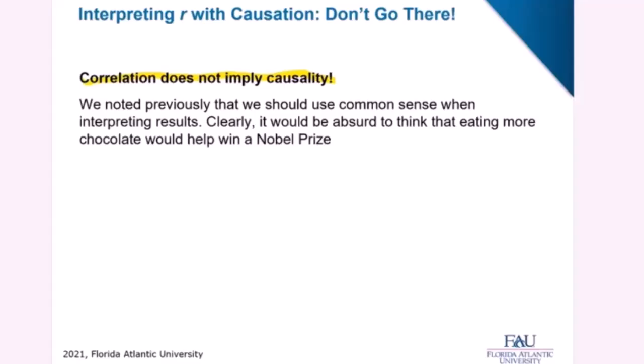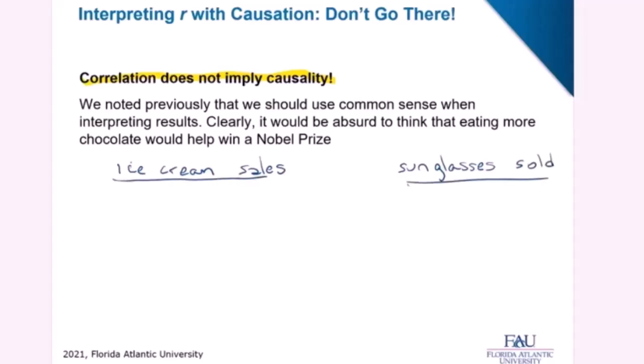For example, ice cream sales versus the amount of sunglasses sold. Ice cream sales would be one variable, and sunglasses sold might be another variable. Does that mean that eating more ice cream means you're going to buy more sunglasses? Or does it mean if you buy more sunglasses, you're going to buy more ice cream? That doesn't really make sense.